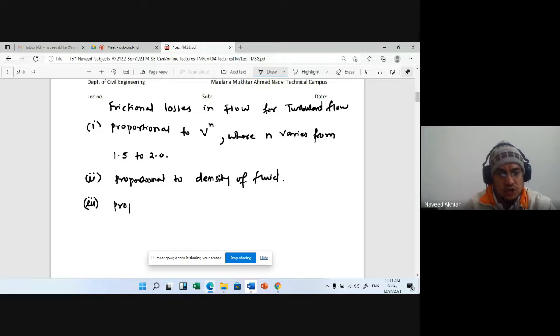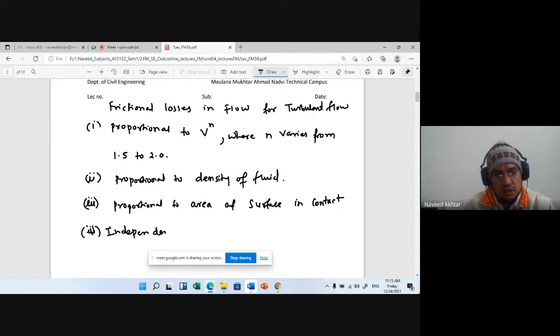It is also proportional to the area of surface in contact, and it is independent of pressure. It is not dependent on the pressure.